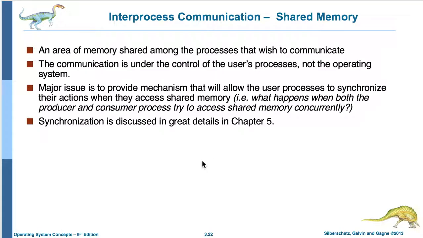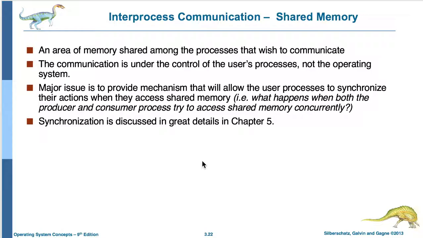Okay. Finally, just a further overview relating to interprocess communication with shared memory. So we went through various elements of interprocess communication, and then specifically relating to shared memory. Just to recap, with shared memory IPC, shared memory is an area of memory shared among the processes that wish to communicate.